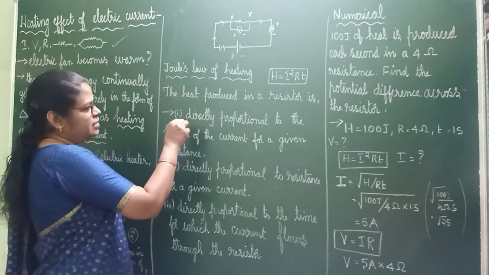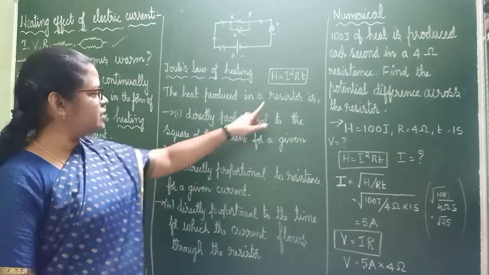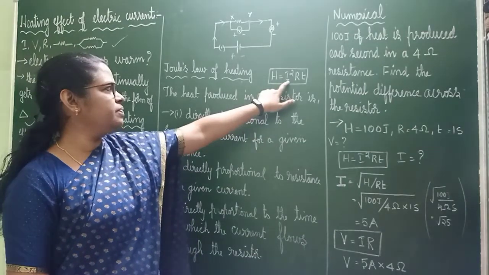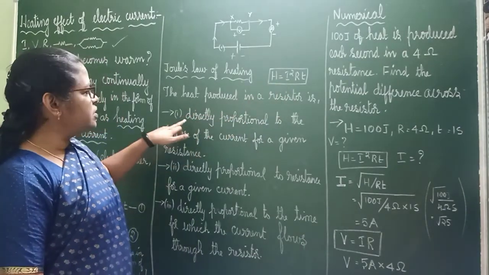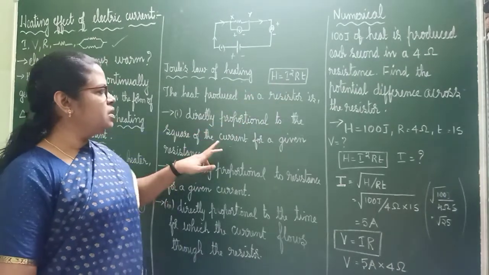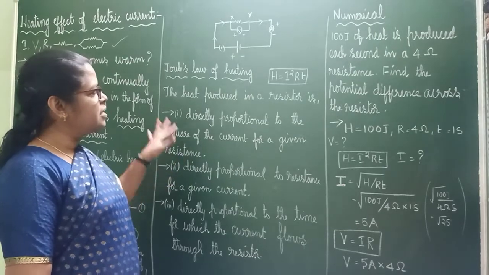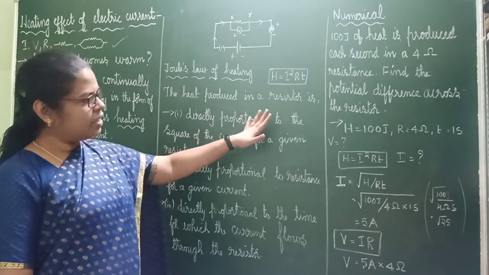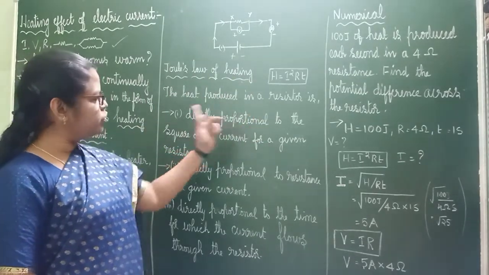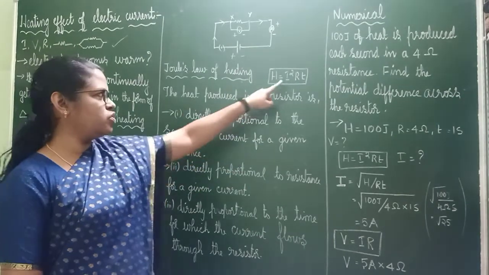Three things. It's directly proportional to the square of the current for a given resistance. Here, I square. The heat produced in a resistor is directly proportional to the square of the current for a given resistance. First one.